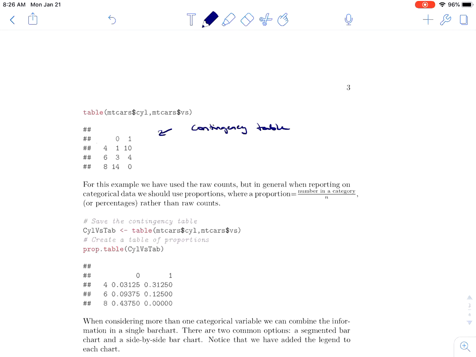So you can imagine that there's kind of lines going like this. Here we've got our VS variable, and here we've got our cylinder variable.